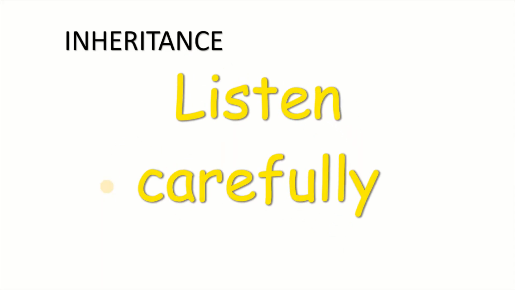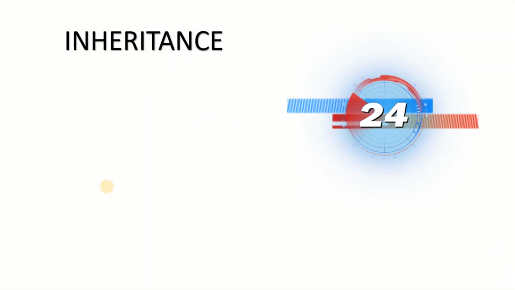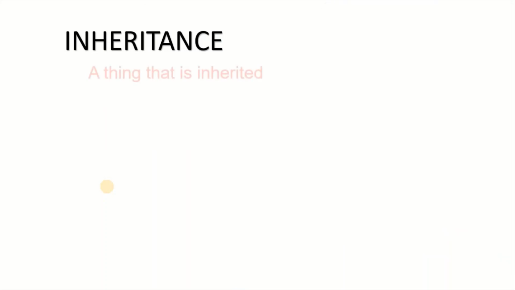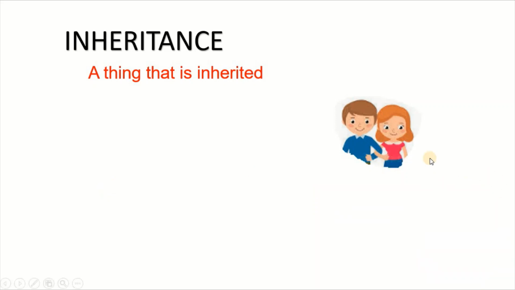Inheritance is one of the most important parts of an object-oriented programming language. At first, know what inheritance is: a thing that is inherited. I'll explain it with an example. This is our parents and this is the daughter.